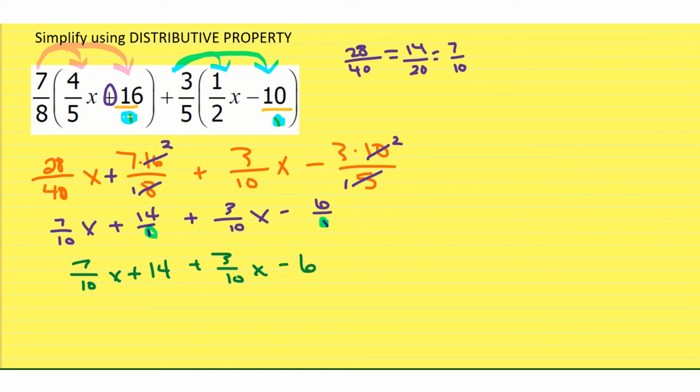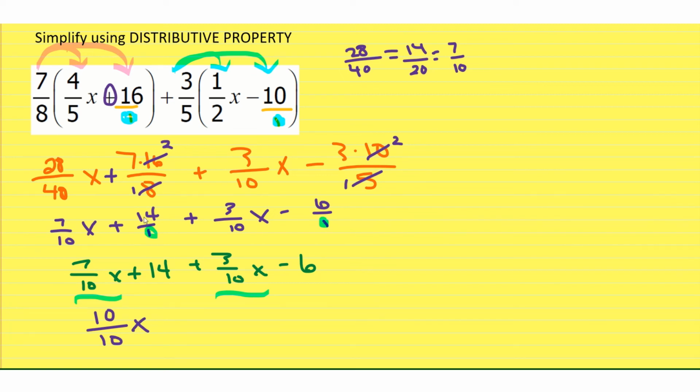And now I'm going to see if I have any like terms. Well, there's an x term. Do I have any more x terms? Yes, I do. 3/10 x. I can combine those two. So what is 7/10 plus 3/10? It is, let's see, 10/10 x, because those are x terms.